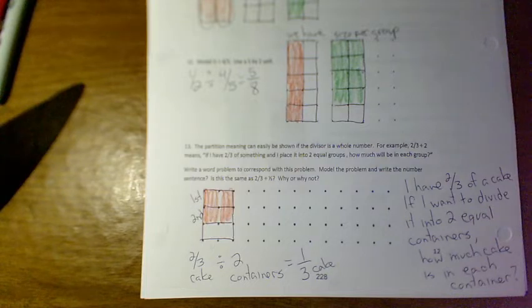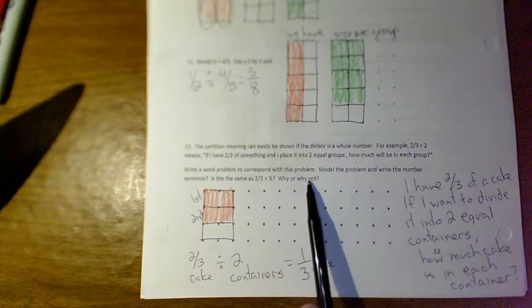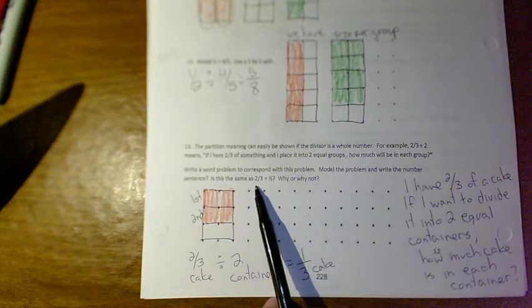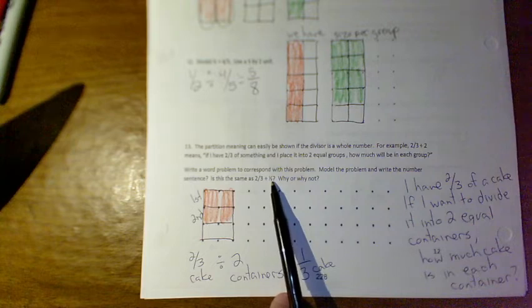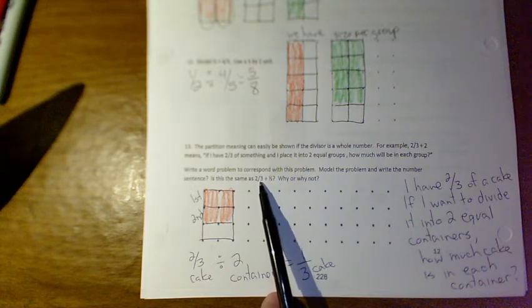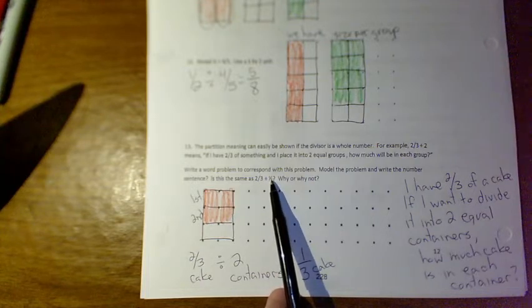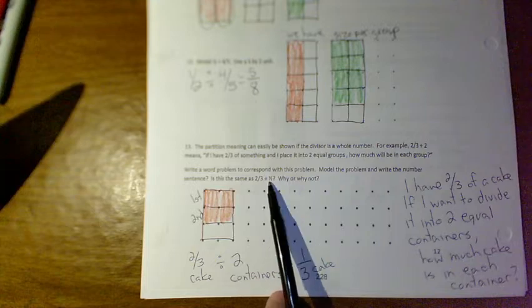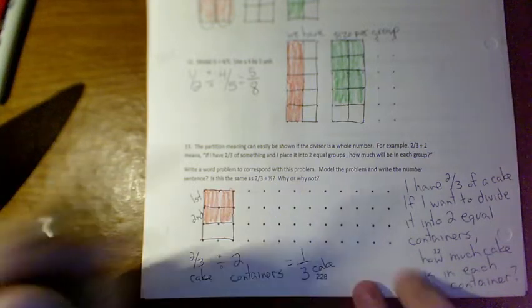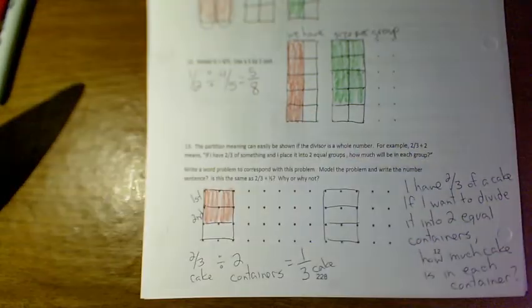All right, so then it also says, is this the same thing as 2/3 divided by 1/2? Why or why not? So what would 2/3 divided by 1/2 mean? In terms of partitioning, this would be like saying 2/3 of a cake has been divided into half of a container. So if I were to model a picture of this, I can sketch it really quickly here.